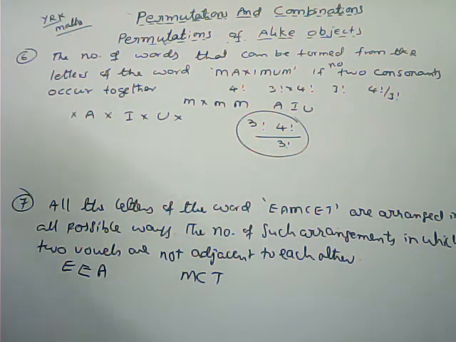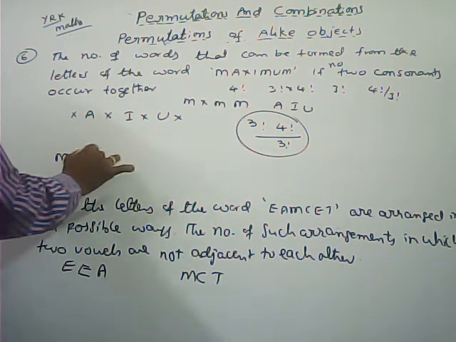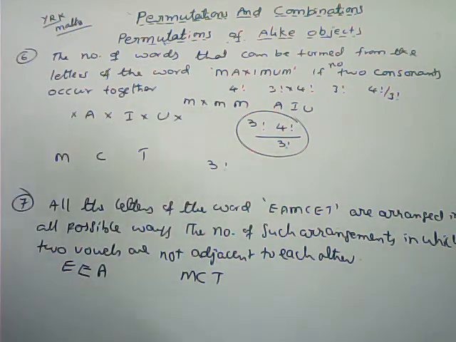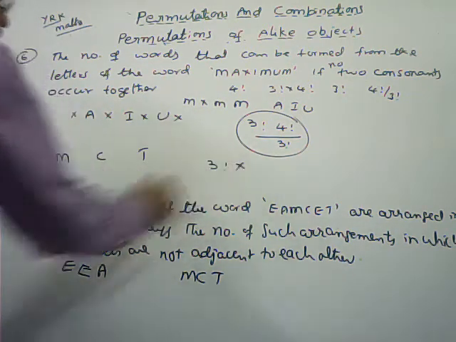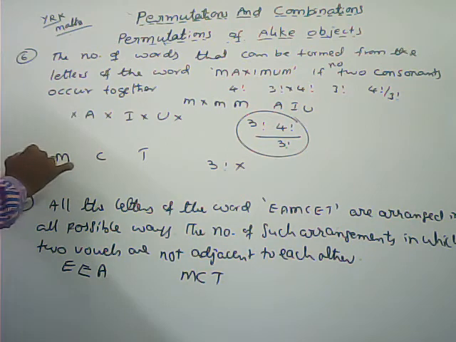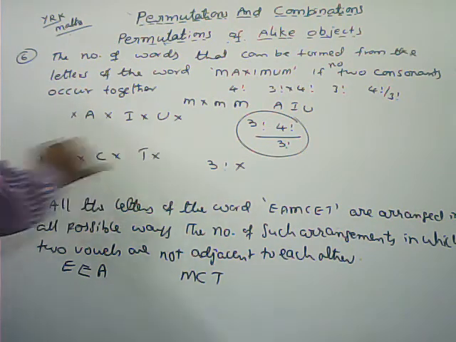Now, here no two vowels come together. First you can arrange consonants. M, C, T. This can be done in 3 factorial ways. But here 3 vowels are there. But here how many places are there? 1, 2, 3, 4. 4 places are there.